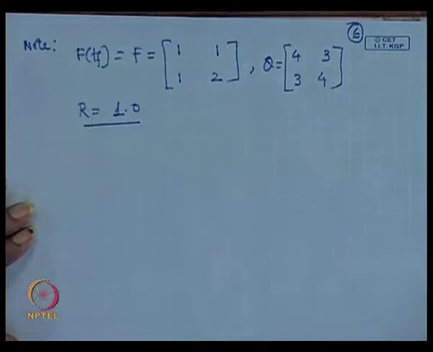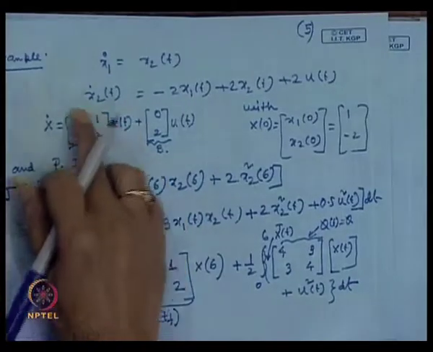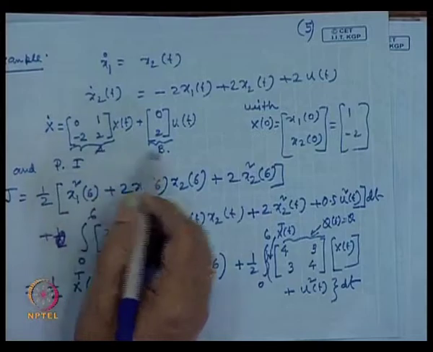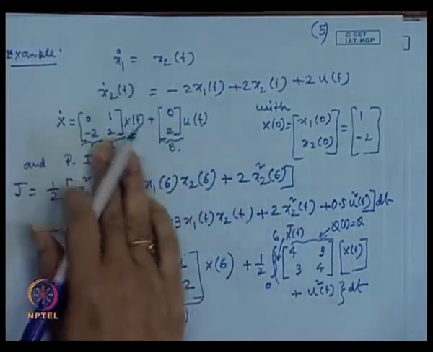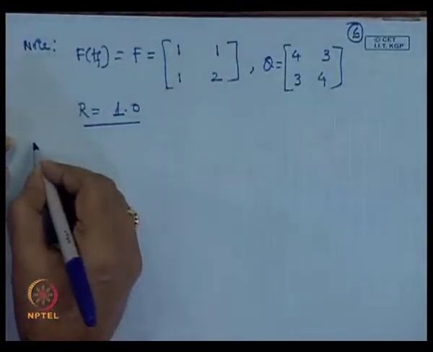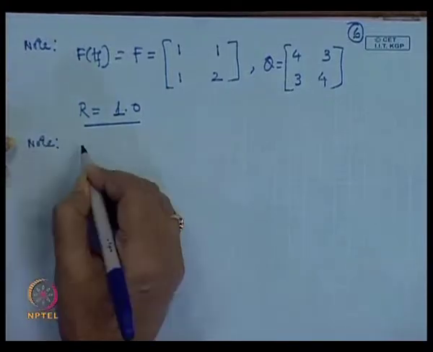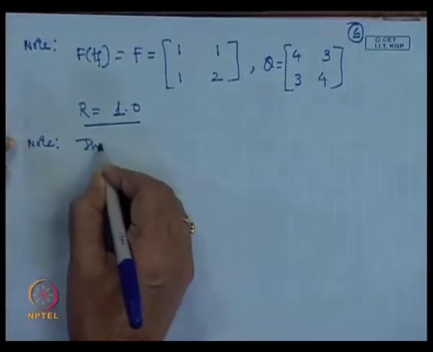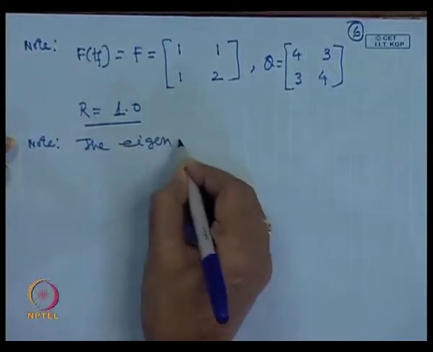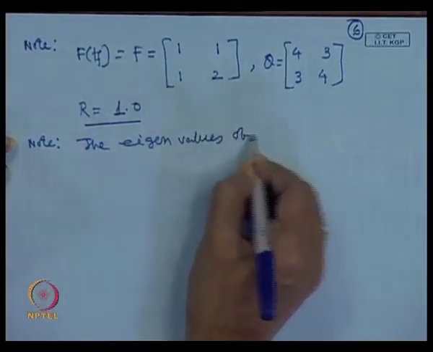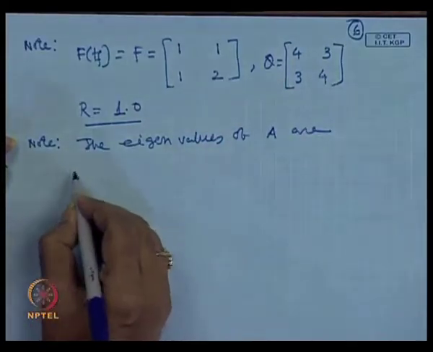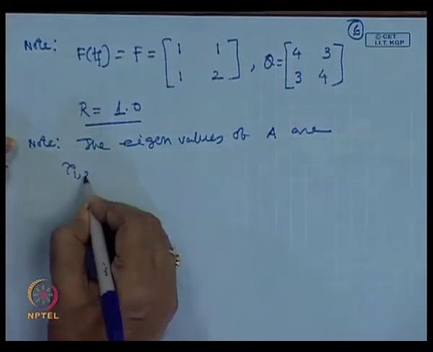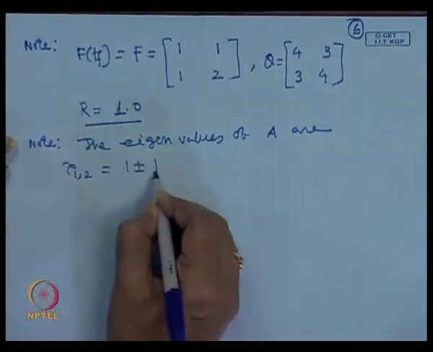And if you look at this expression, the open loop system, when no control effort is applied to the system, that A matrix is unstable. If you want to find the eigenvalues of the matrix A, you will find the eigenvalues are lambda 1, lambda 2 equal to 1 plus minus j.